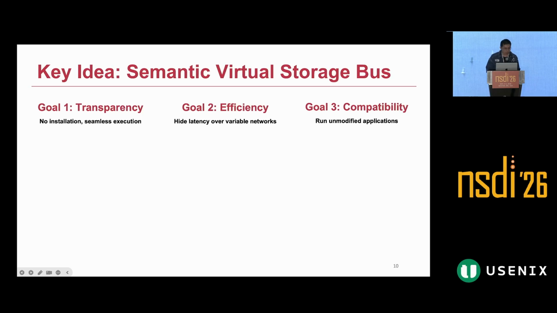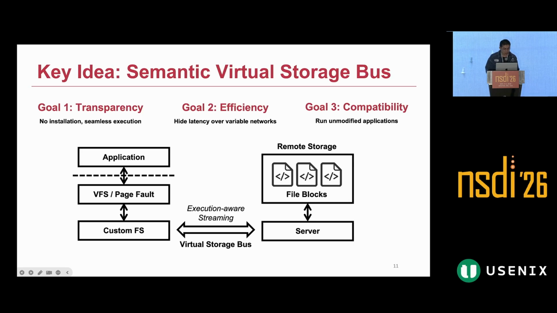To achieve these goals, our key idea is a semantic virtual storage bus. The intuition is simple. Instead of treating storage as passive data blocks, we make it aware of application execution. Specifically, we capture execution context, such as which thread is running and how it accesses data.